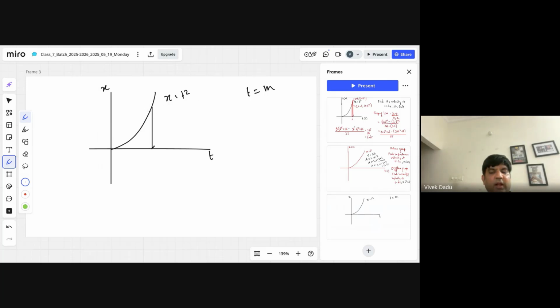But we know again by the same logic, Newton's logic, that there will be a straight line through the points very close to t equal to m.